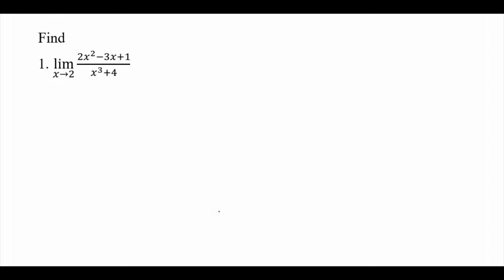That means the limit of this quotient is the limit of the numerator function over the limit of the denominator function. So this is basically equal to the limit of 2x squared minus 3x plus 1 as x approaches 2 over the limit of x cubed plus 4 as x approaches 2.